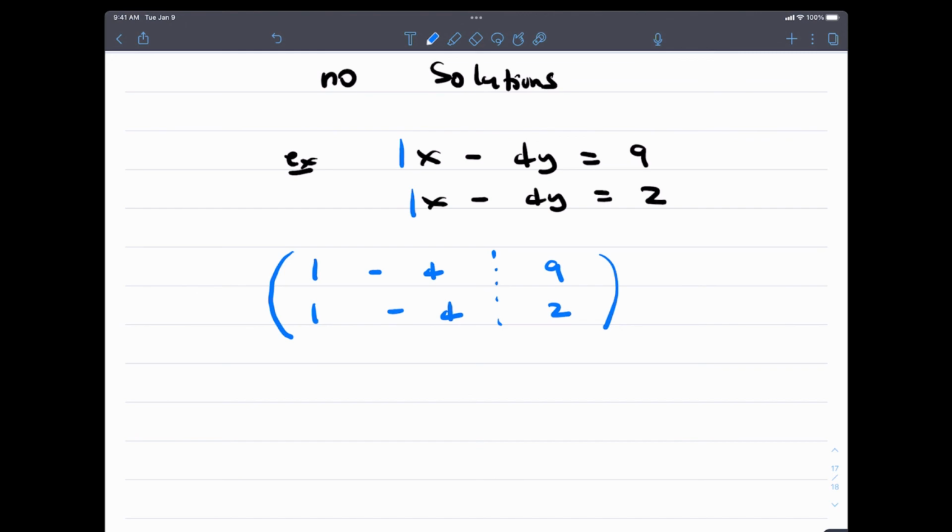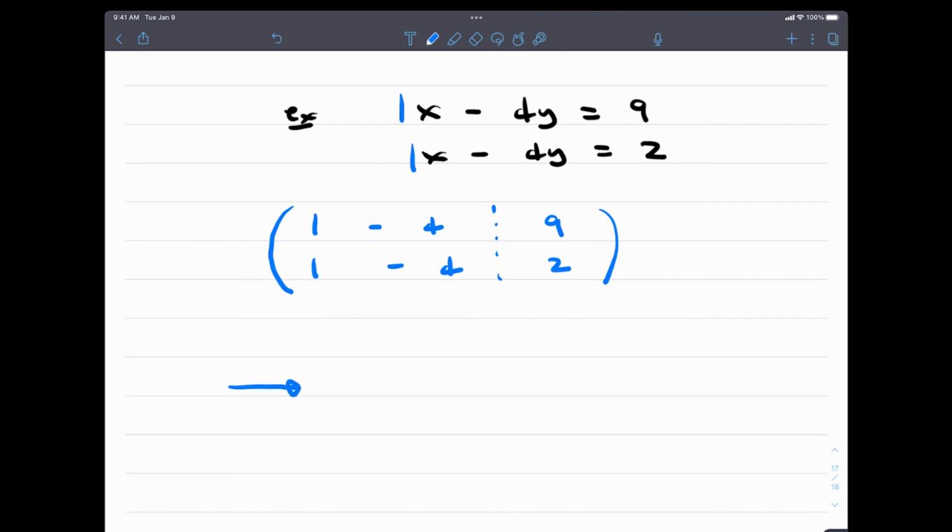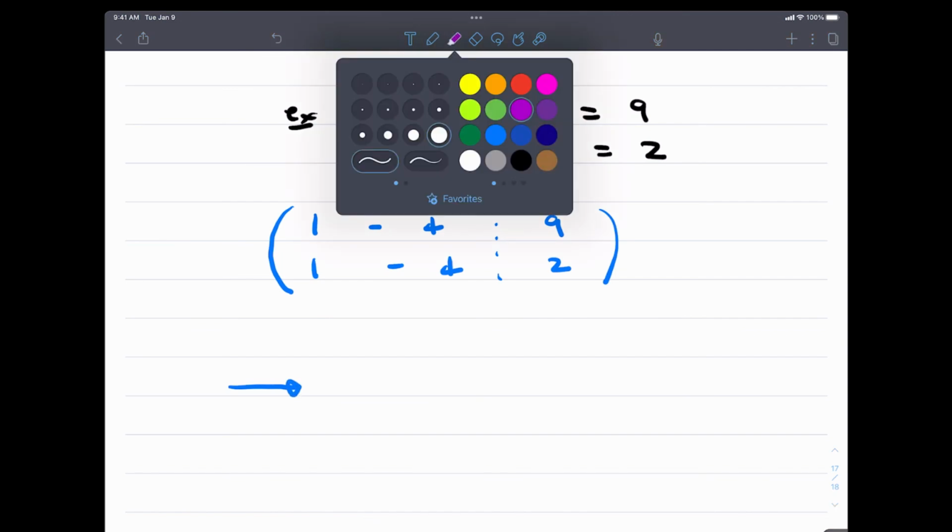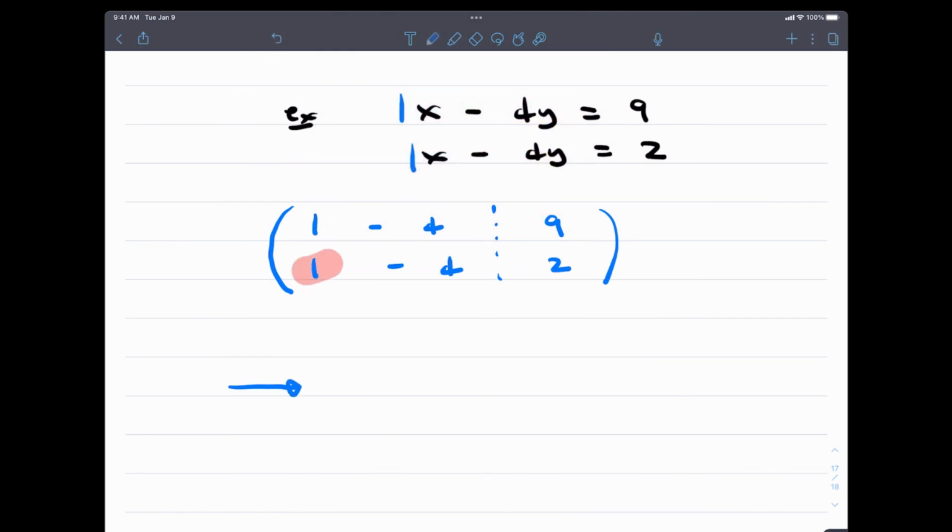To get 0 down here in the lower left corner, what we've always been trying to do, we take negative 1 times row 1 and add it to row 2. Row 2 will change. Isn't that going to give me a 0 down there? Because negative 1 times 1 plus 1 gives me that 0.